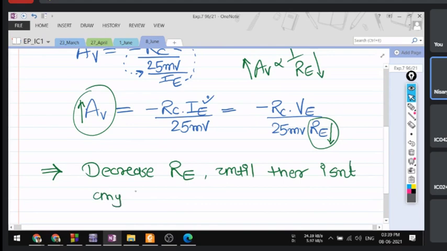So don't decrease too much. Stop decreasing RE, student.